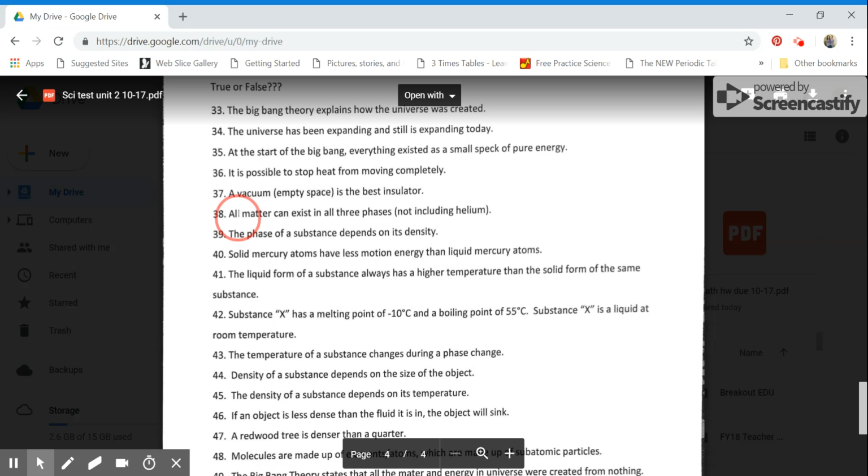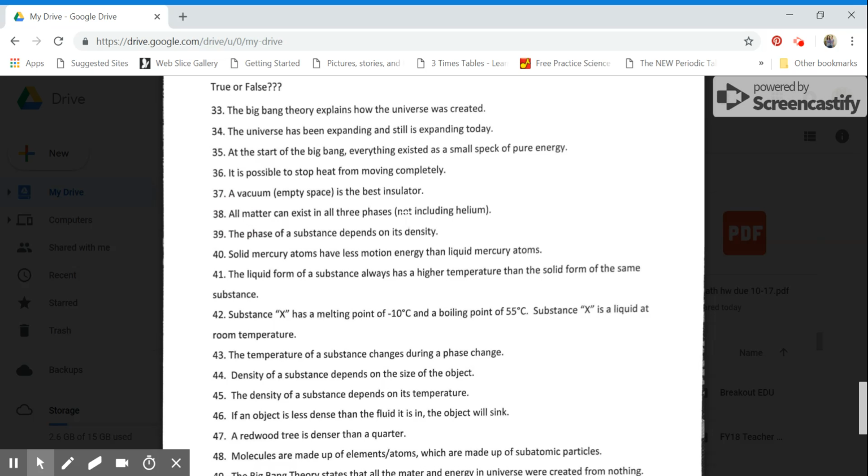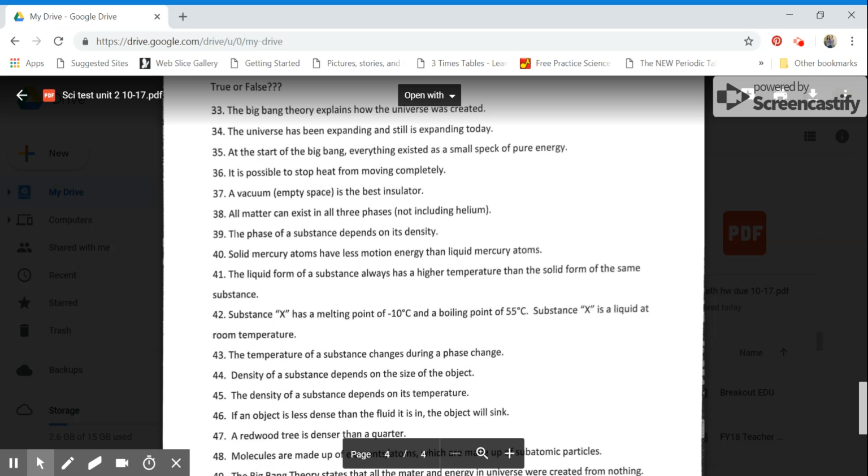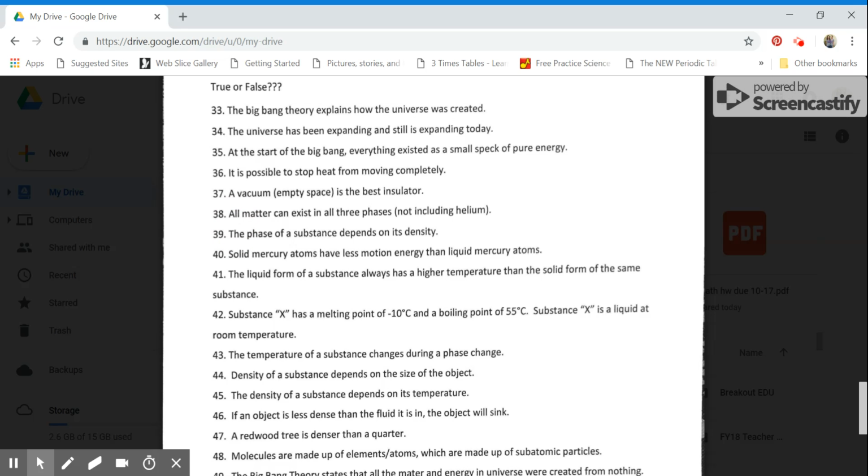Number 38. All matter can exist in all three phases, not including helium. Number 39. The phase of a substance depends on its density. Number 40. Solid mercury atoms have less motion energy than liquid mercury atoms. 41.